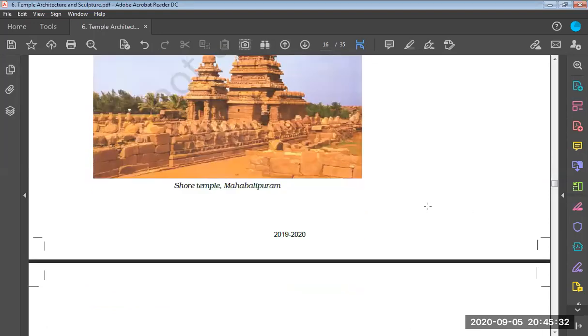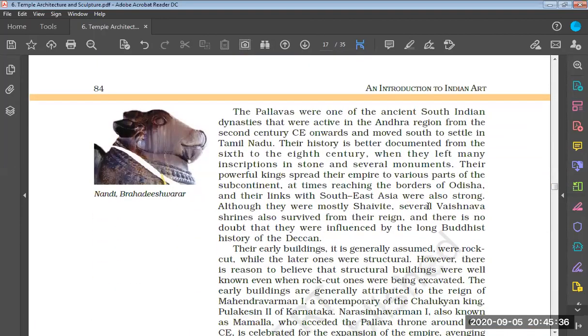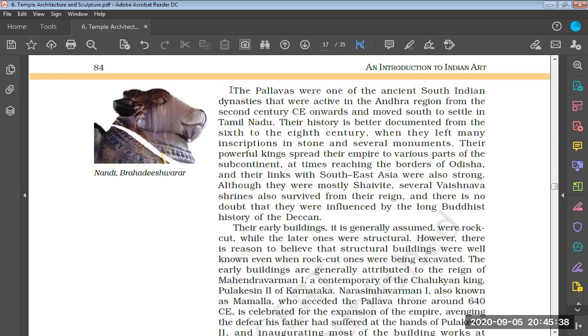The Pallavas were one of the ancient South Indian dynasties that were active in the Andhra region from the 2nd century Common Era onwards and moved south to settle in Tamil Nadu. Their history is better documented from the 6th to 8th century when they left many inscriptions in stone and several monuments.